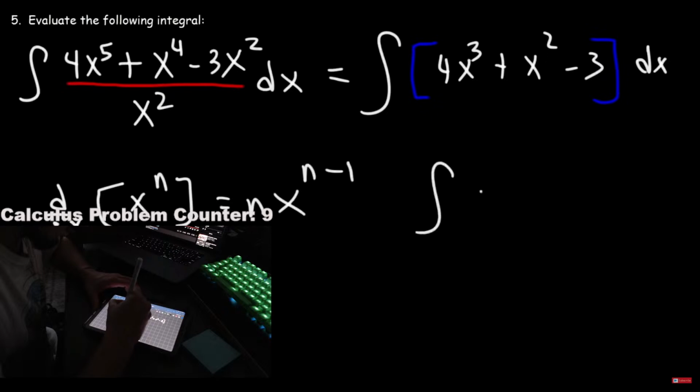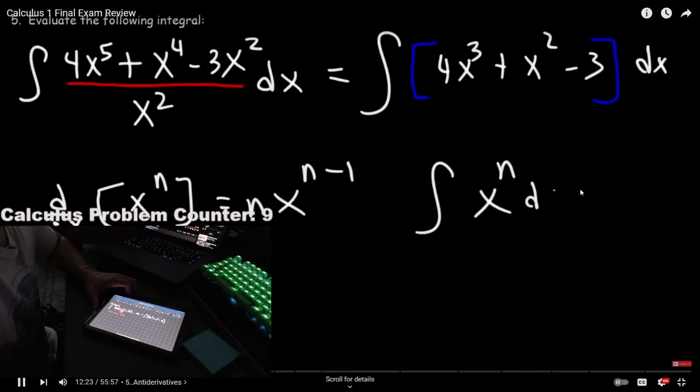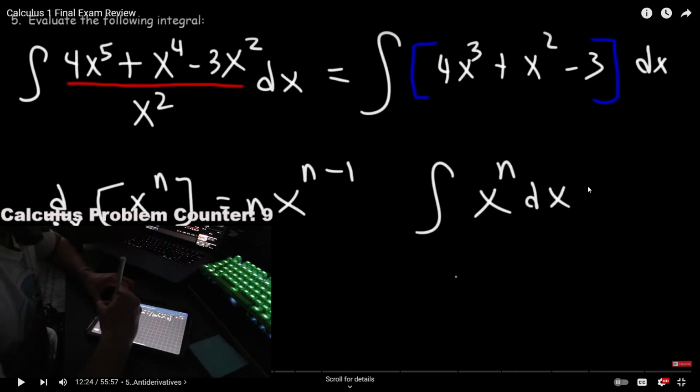So d over dx of x to the n equals n x to the n minus 1. Basic power rule.